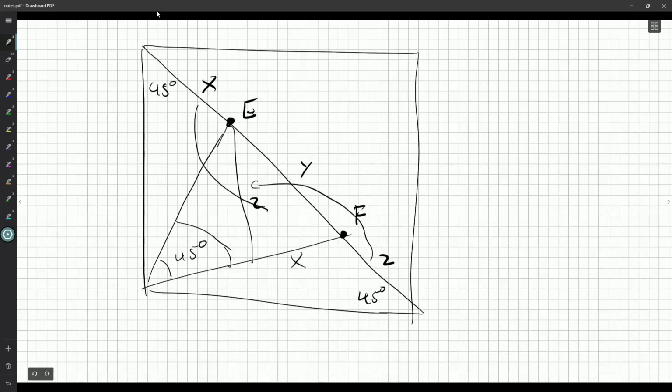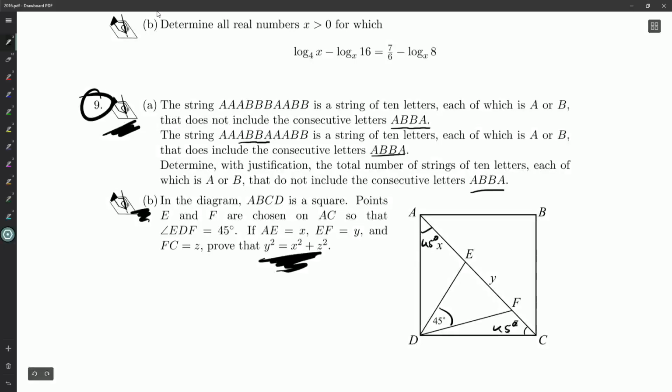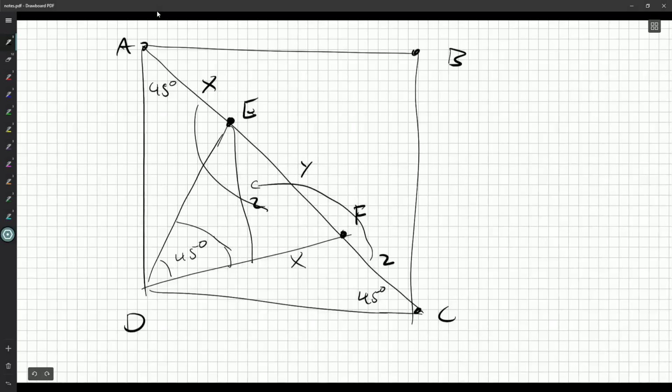You wouldn't be rotating around F there, though. What is it? I think this is A, I think this is B, C, and D. Let's just double check. Yeah, D is down there. Okay. But if that's the case, how would I use this 45 here?